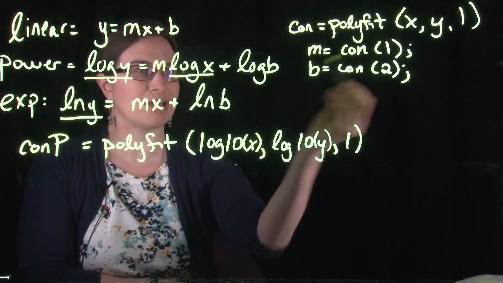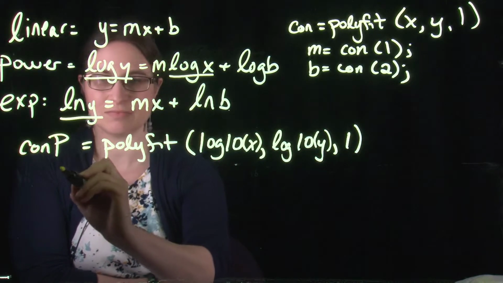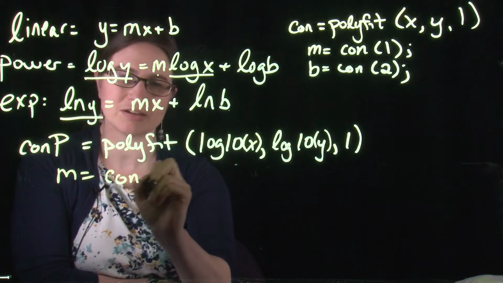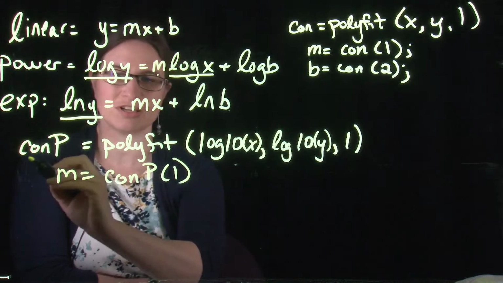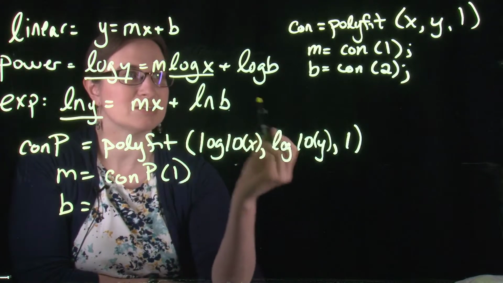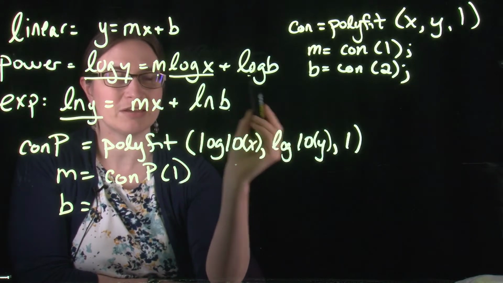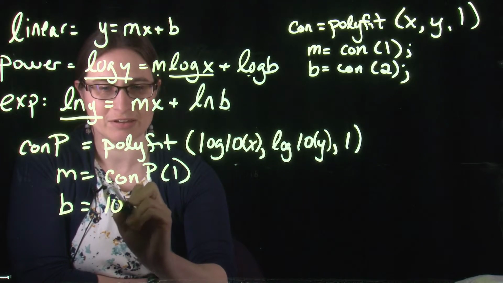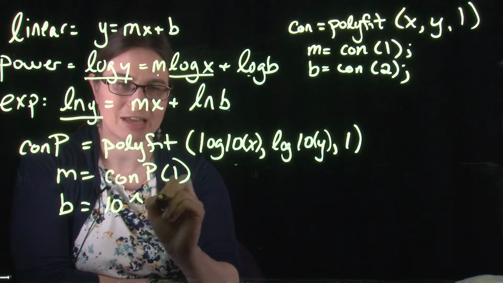And to solve for our m value, m we see is the same. So m will be the first position in this vector of 2. And b, because it is the log of b, will have to be, if we want to get rid of that log, 10 to that power.